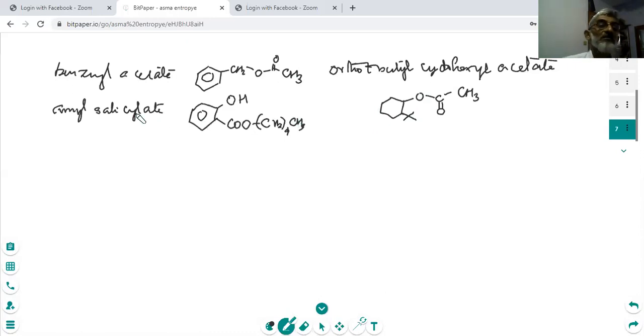Now these perfumeries contain certain compounds called fixatives. Perfumes contain fixatives.